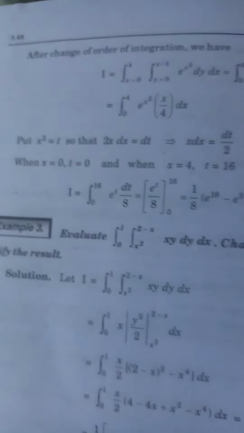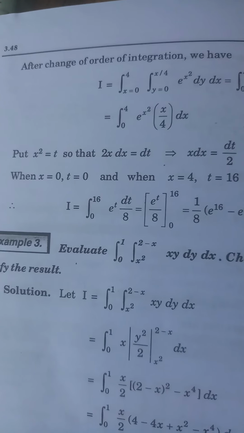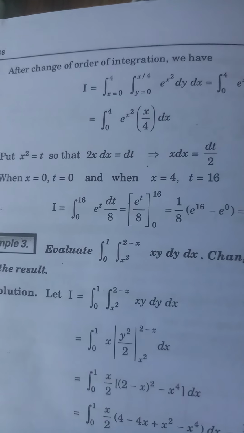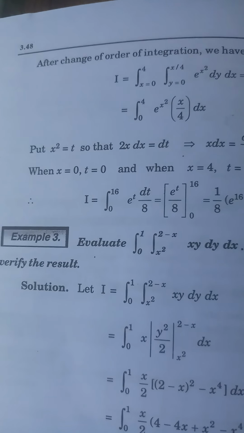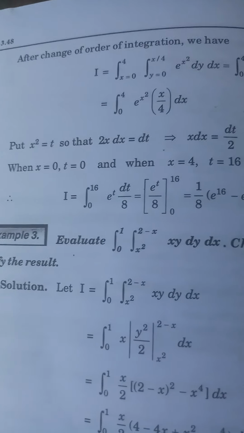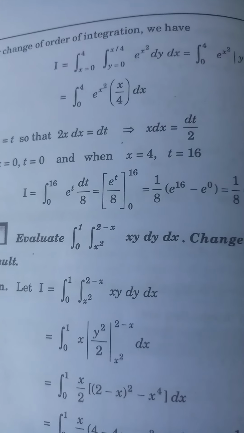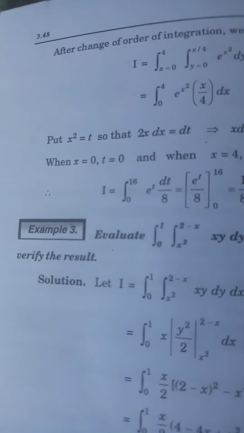इंटीग्रेशन लिमिट्स पुट करने के बाद पुट x स्क्वायर इक्वल टू t सो डैट 2x dx इक्वल टू dt, implies x dx इक्वल टू dt by 2.